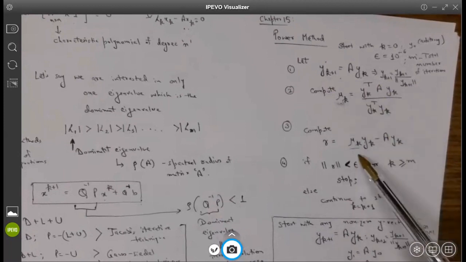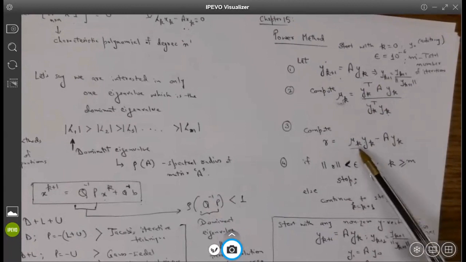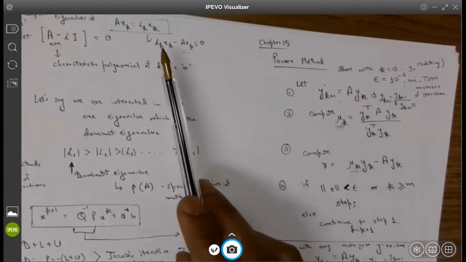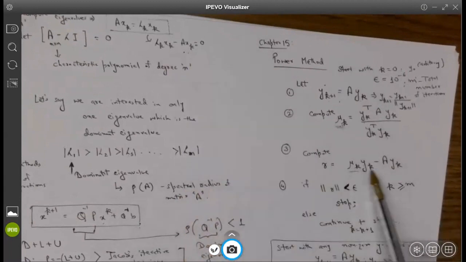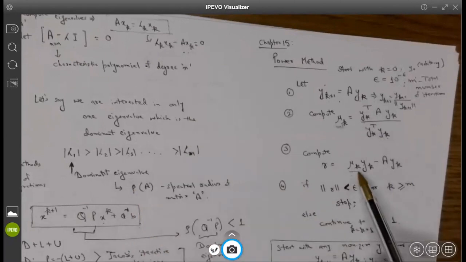Compute the residual, which is eigenvalue times the vector minus A times y, and this residual vector will be 0 if this is actually an eigenvalue, because remember that lambda x minus A x has to be 0. So this residual basically means lambda x minus A times x. That's what we are trying to do.